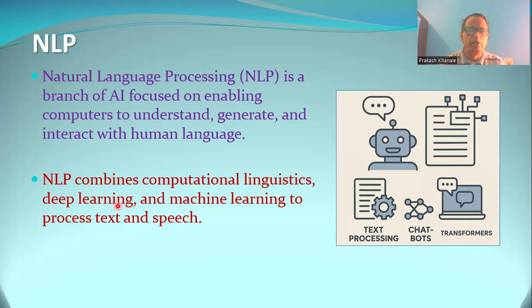It also makes use of deep learning and machine learning in order to process the text and the speech. So NLP is nothing but a kind of neural network where we can process the text and the speech in order to understand human speech.